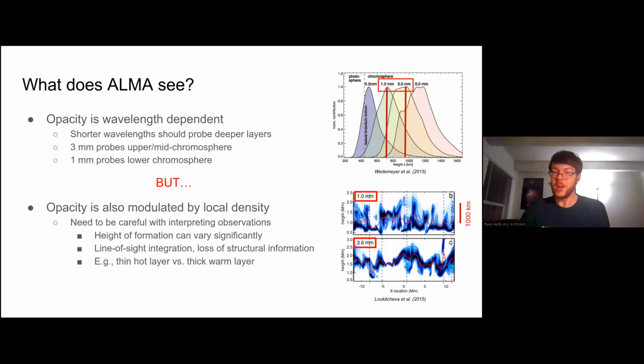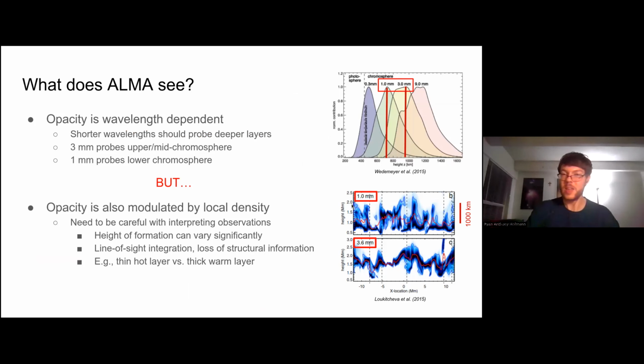Now, of course, reality is more complicated than that, largely because the radiation that you see from a given spot is actually arising from contributions along a range of heights, from lower down to much higher up along your line of sight.